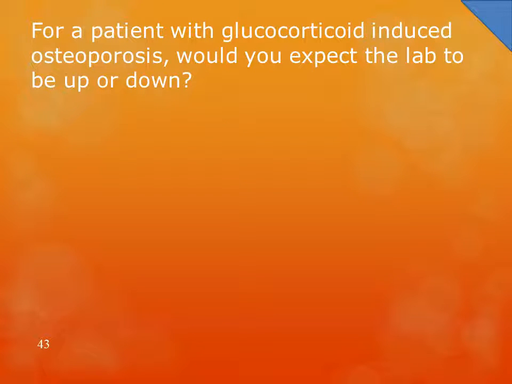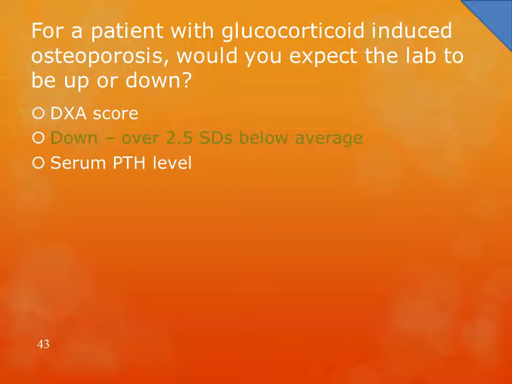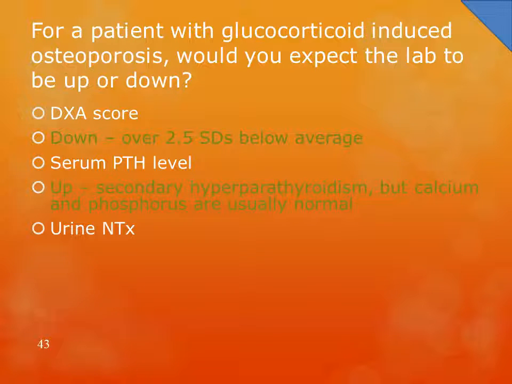So here's a question. For a patient with a glucocorticoid-induced osteoporosis, what would you expect to see in their labs? Would you expect their DEXA score to be up or down? We haven't talked yet about DEXA scores, but it's a way of measuring bone mineral density. So that's going to be down. What about their serum PTH level? We just said you can see a secondary hyperparathyroidism. So the serum PTH level may be up, but the calcium and phosphorus are usually normal.